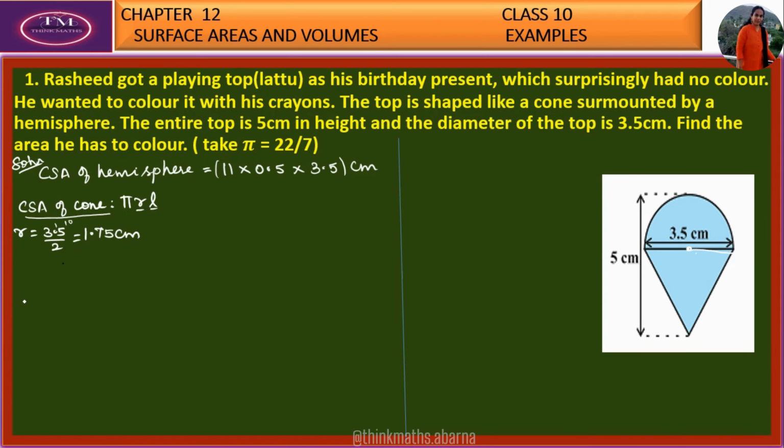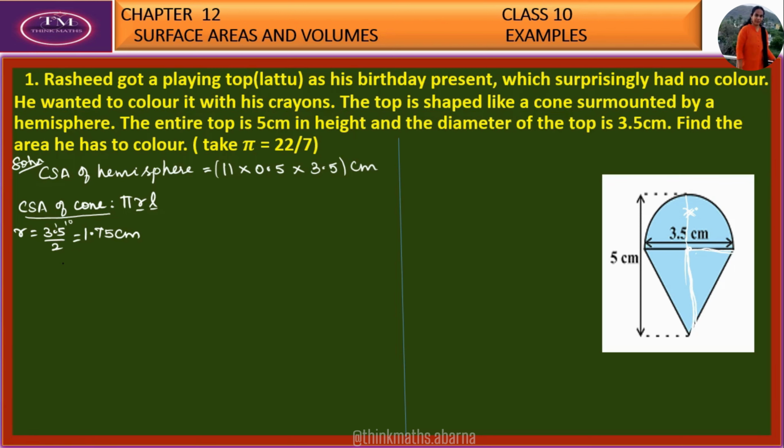Now we have to find out the slant height. To know the slant height, we need r and h. Now we found out the radius of the cone. Now we have to find out the height of the cone. So the height of the cone is nothing but, from the total height, we have to remove the height of the hemisphere. The height of the hemisphere and the radius of the hemisphere are the same.